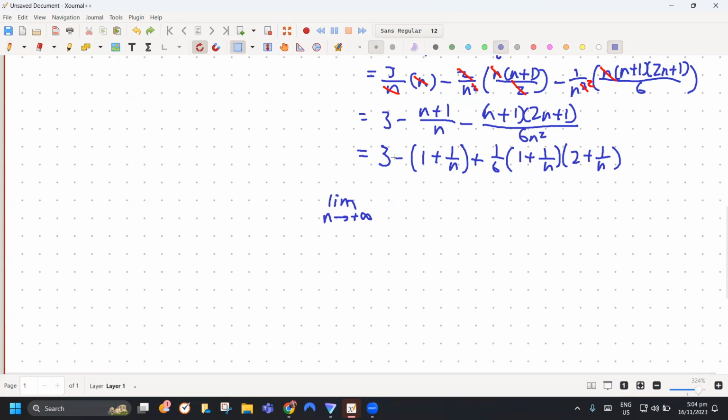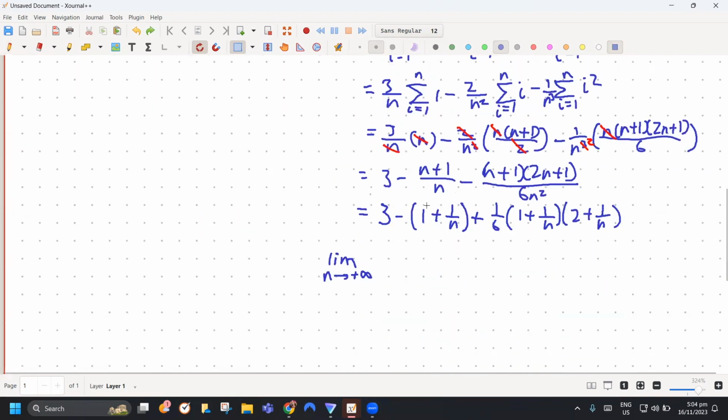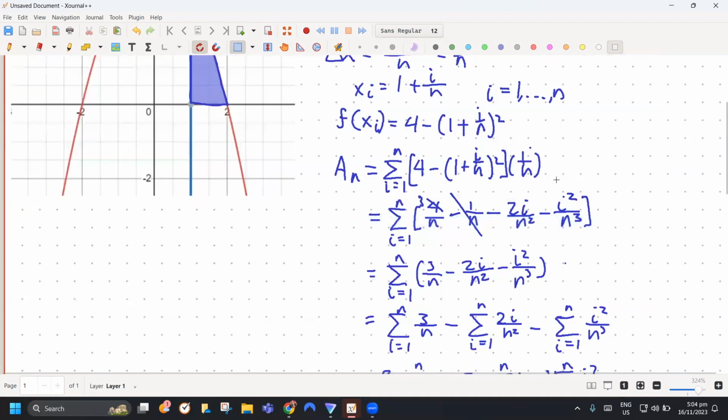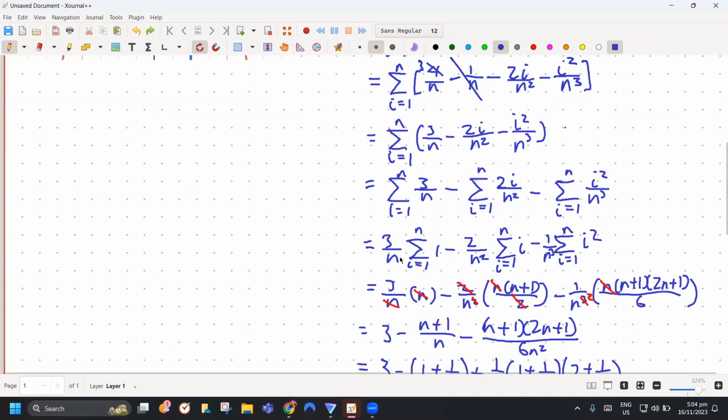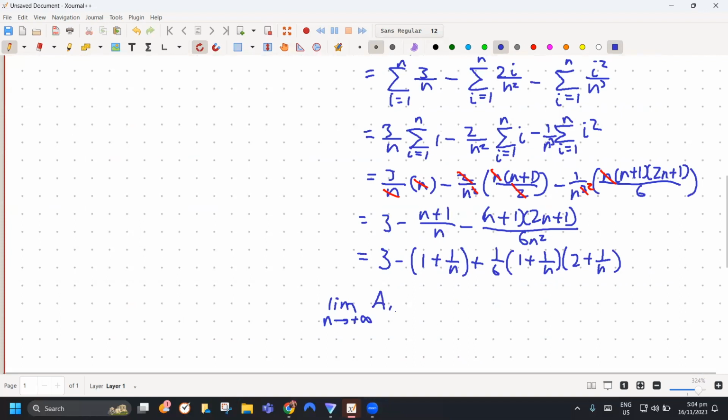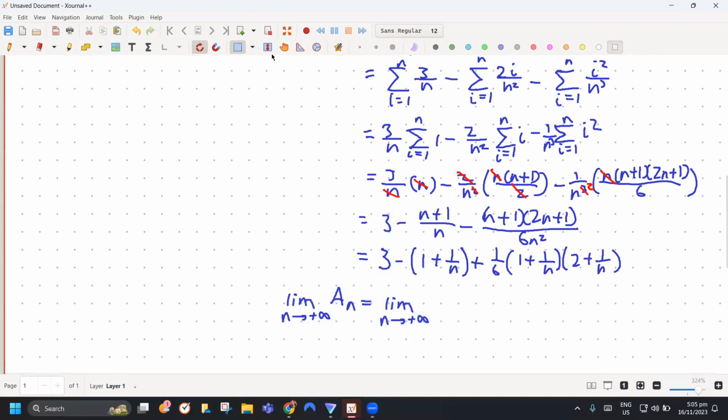At teka, left hand side, that's a sub n, di ba? So, limit of a sub n is equal to, and then limit as n approaches infinity of that term.